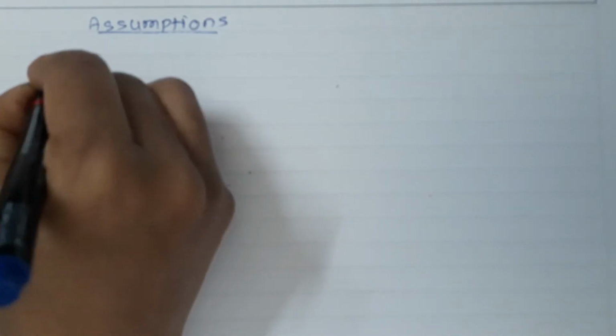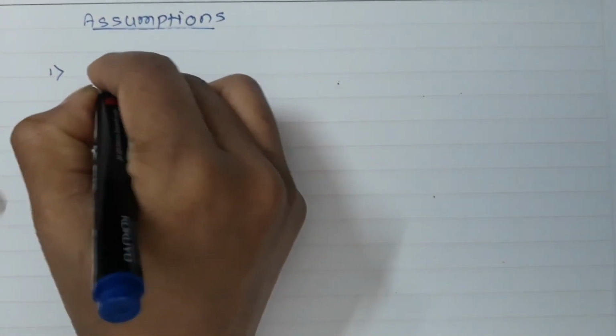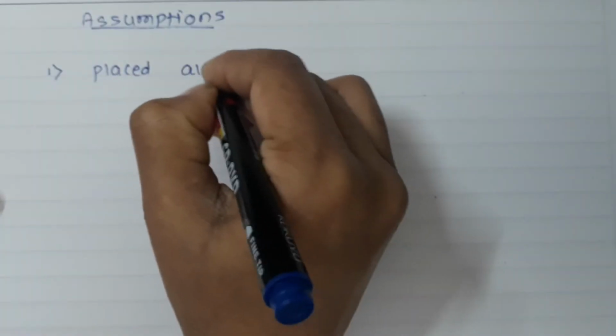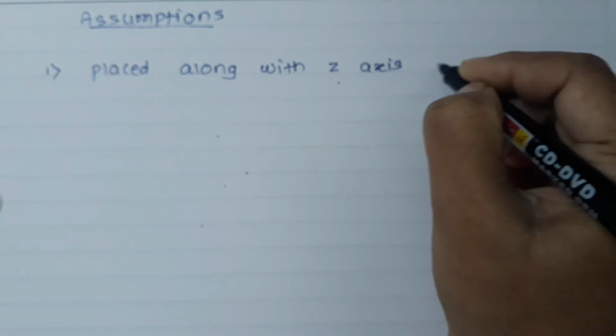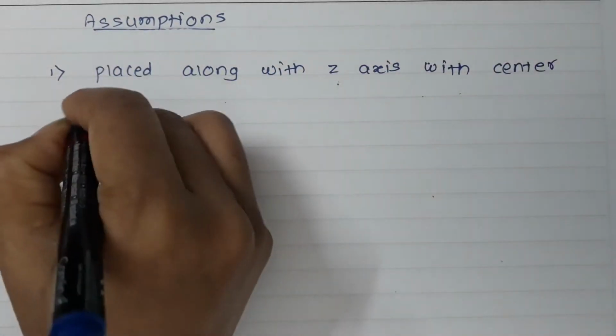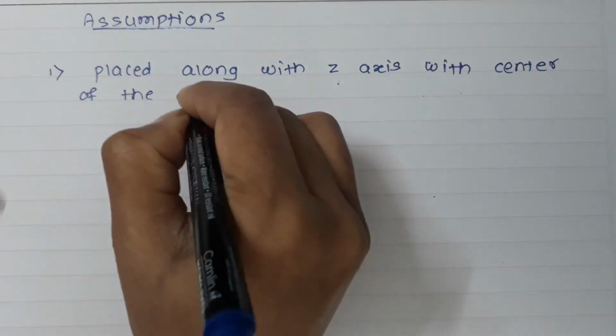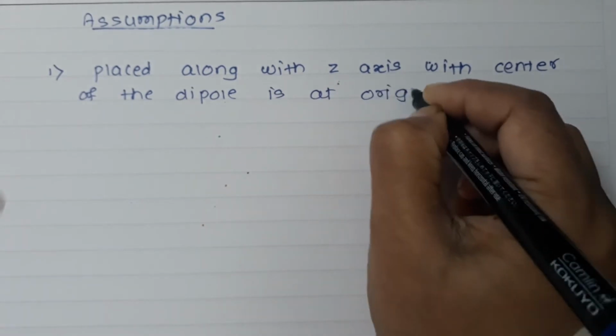The first assumption is that the lambda by 2 antenna is placed in a coordinate system such that the dipole coincides with the z axis and the center of the dipole is at the origin. So this is our first assumption.